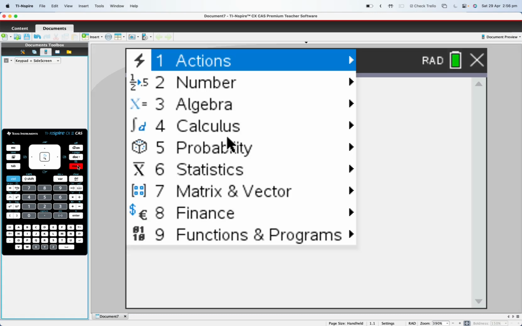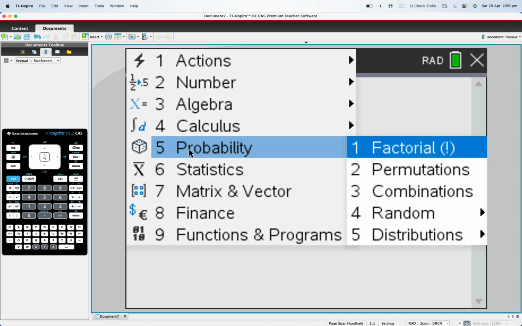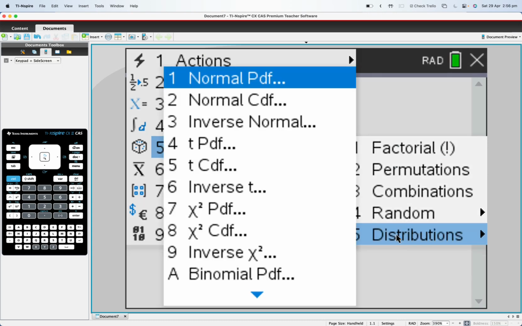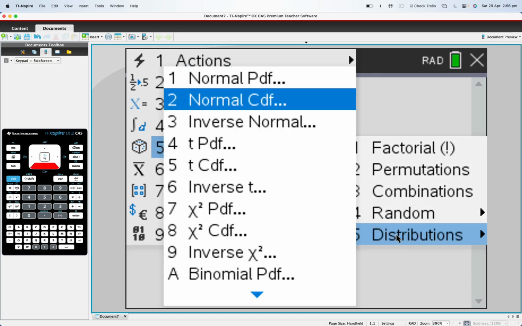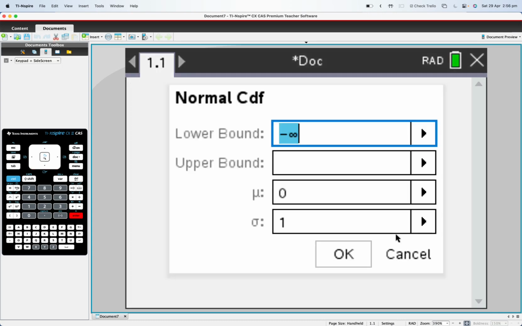Menu, probability, distributions, and we're going to go for normal CDF. Lower bound is not negative infinity this time because we've got a lower bound of 20, an upper bound of 25. Our mean is 22.7 and our standard deviation is 1.4.